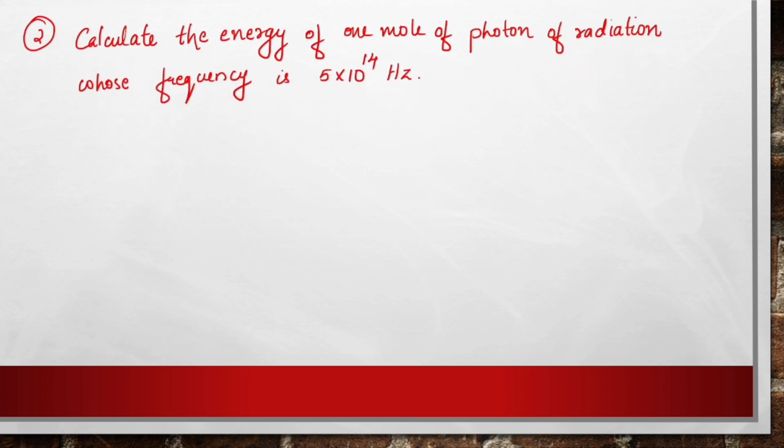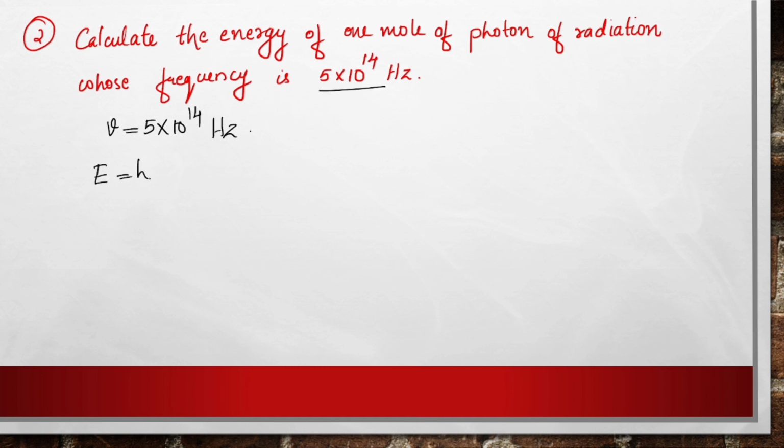Next question. Calculate the energy of 1 mole of photon of radiation whose frequency is 5 into 10 raised to 14 hertz. Frequency means nu. We need to find the energy. First find the energy.